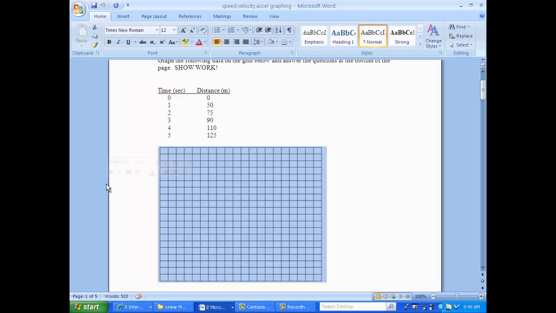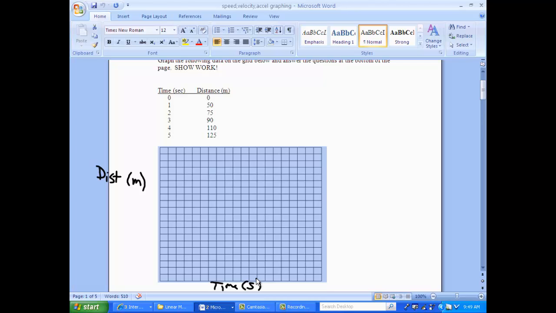So if we have distance over here, which is measured in meters, we have time down here, which is measured in seconds. What is measured in meters per second? Speed or velocity, not acceleration. All right? So you have to understand that the slope of a position versus time graph will give you speed or velocity.